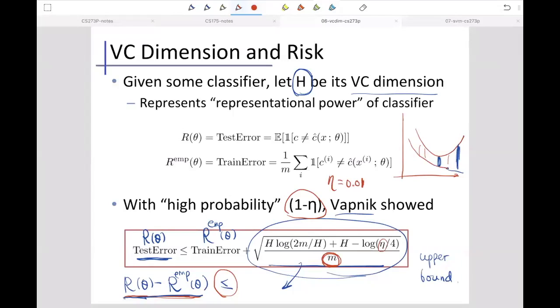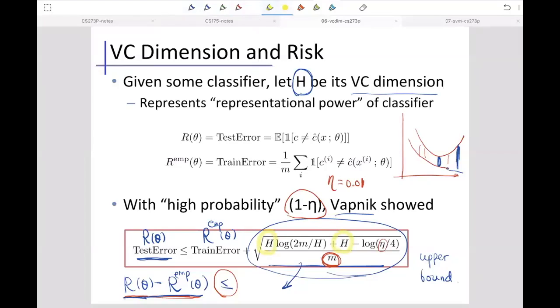All right, so this is okay. This is just mathematical language to describe the bound. What we want to focus on is this H number here, and that's what makes things interesting. H is the VC dimension. What this model is saying is that the higher the H, the larger the gap in general.